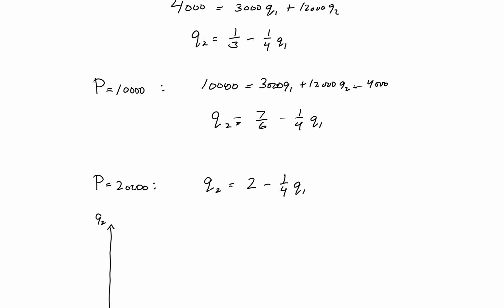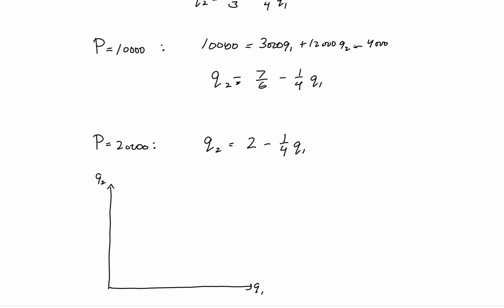So those are the two points that the line is going through. So it's going to be something like this. This is up here at 1/3, this is at 4/3, and this is the value when P is equal to 0. So anywhere along that line, whatever we sell for Q1 and Q2 is going to give us a profit of 0.